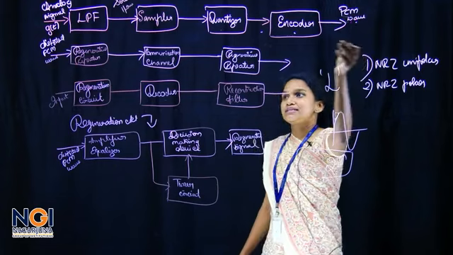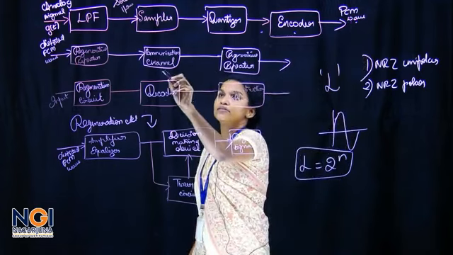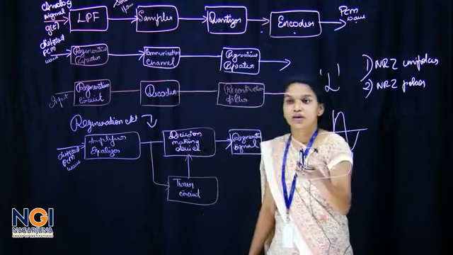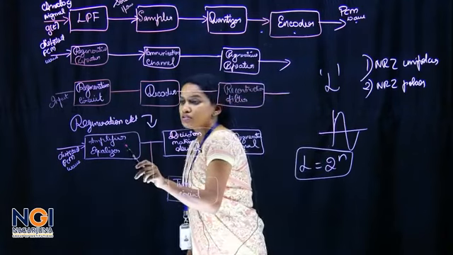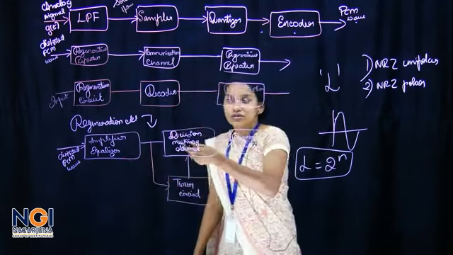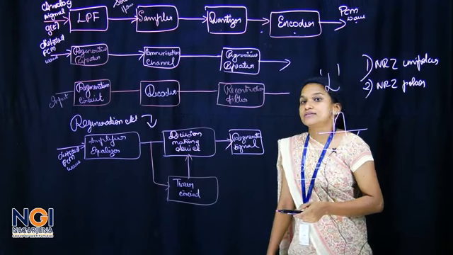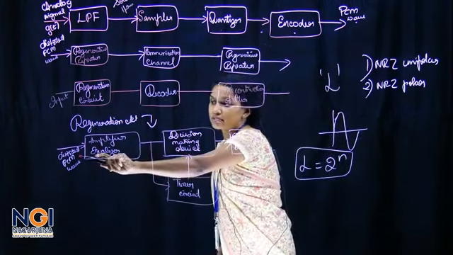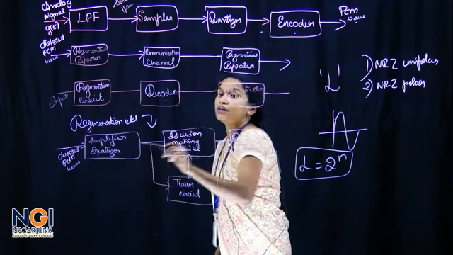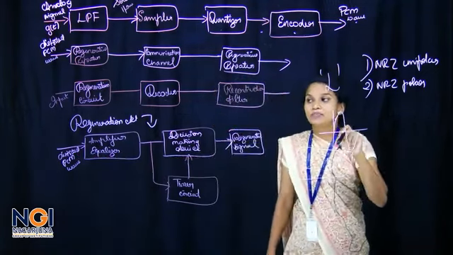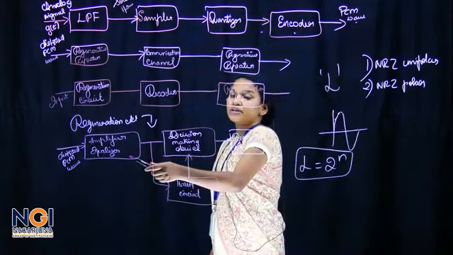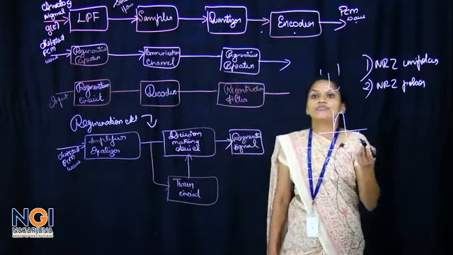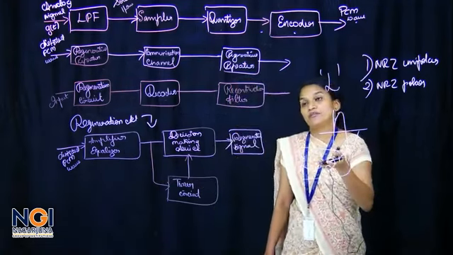Once the PCM wave gets distorted in the communication channel because of unwanted noise, it is sent into the amplifier equalizer. The amplifier equalizer shapes or reshapes the received PCM wave and compensates for the effect of amplitude and phase distortion.